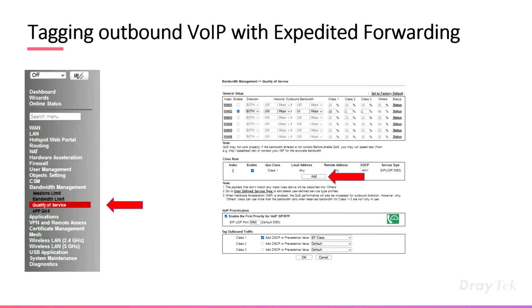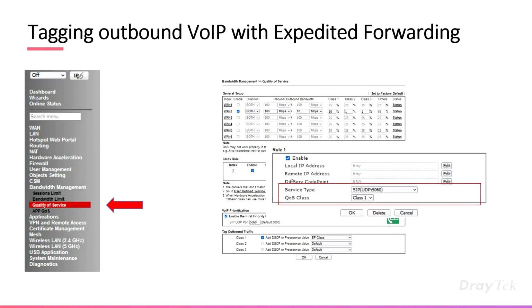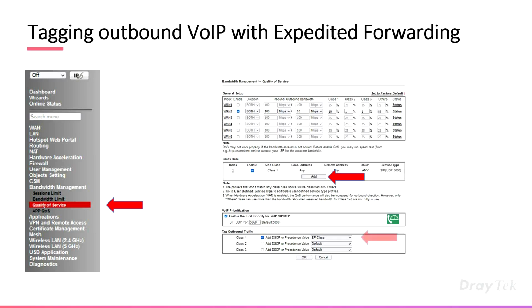So let's see how we do this. Under quality of service again, we can add to class 1 on this occasion a predefined service type for SIP, which is what we want to add to class 1. After that, we can tag the outbound class 1 traffic with the EF class, which stands for expedite forwarding.